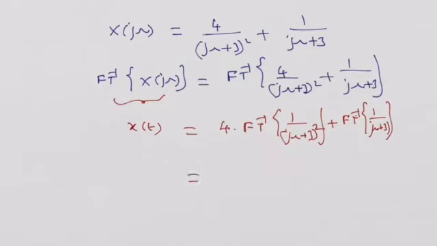So by making use of the known identities, 4 into t into e power minus 3t into u of t is the inverse Fourier transform of the first term. The second one will be simply e power minus 3t u of t.